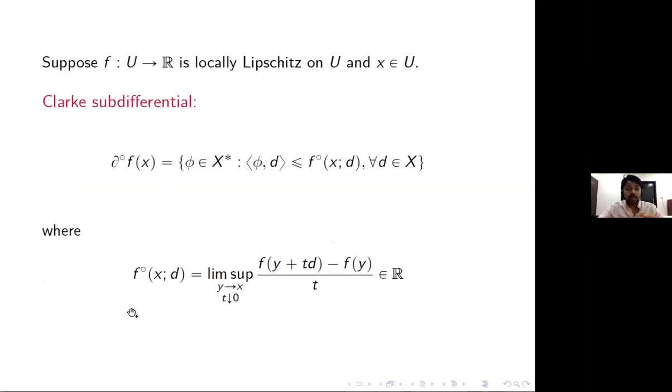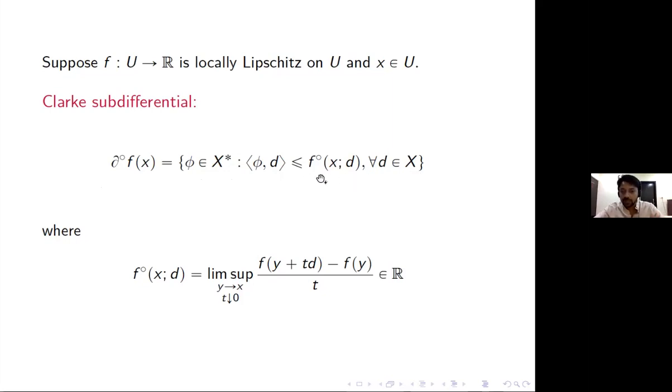And we now define the Clarke subdifferential. Let f be a locally Lipschitz map on U, and let x be an element of U. The Clarke subdifferential, just like the differential subdifferential, is a subset of the dual space of X, which is the set of all phi in the dual of X such that phi evaluated at d is less than or equal to this quantity for all d.